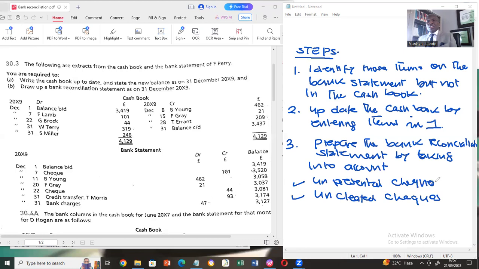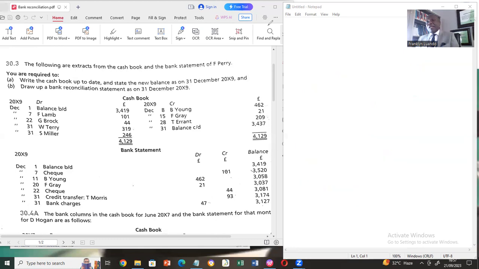And after you are done that, the two balances will be the same. We have reconciled. Now I want to explain the balance which goes to the statement of financial position. This is very important.